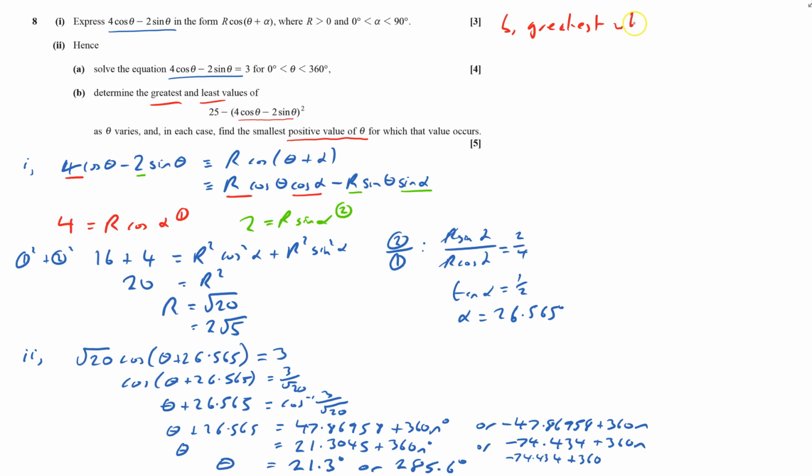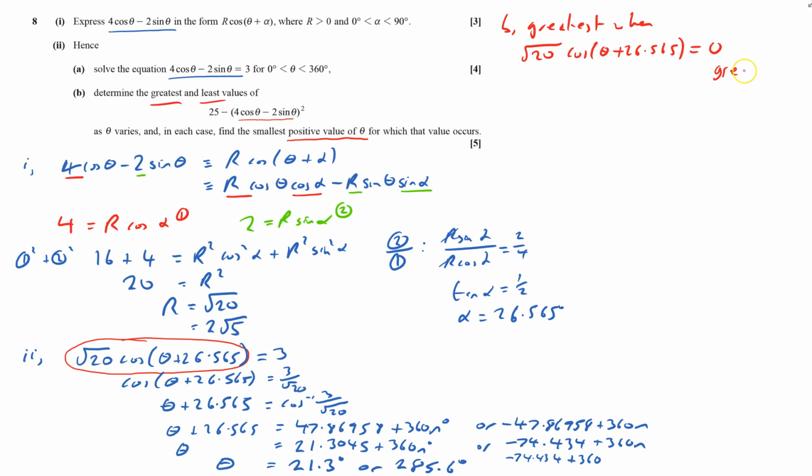So greatest when, and we know what that bit is, we just worked it out in the first bit, it is this expression down here, put the ring around it. That's the other way of writing that. So the greatest is when root 20 times cos of theta plus 26.565 equals 0. And if it equals 0, the greatest value is 25.